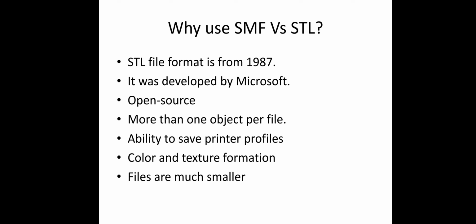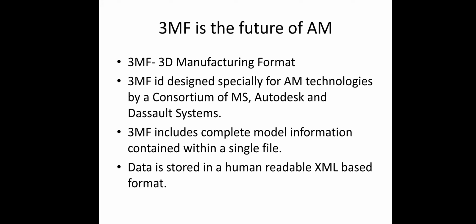The STL file format is from 1987. The 3MF file format was developed by Microsoft. 3MF is an open source file format. It allows more than one object per file, the ability to save printer profiles, and color and texture information. Files are much smaller in the 3MF file format.